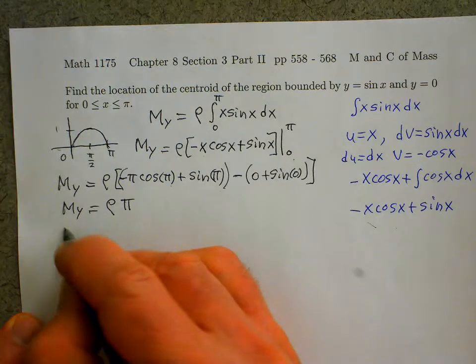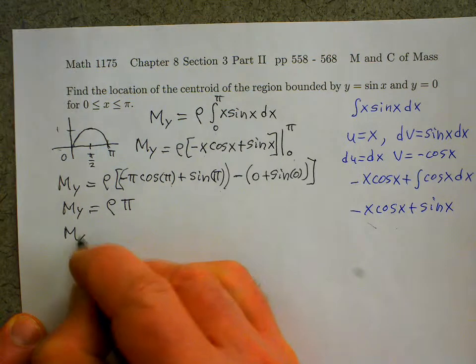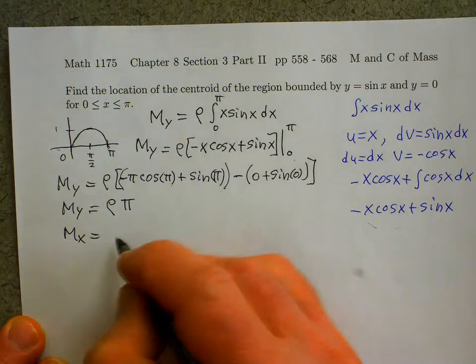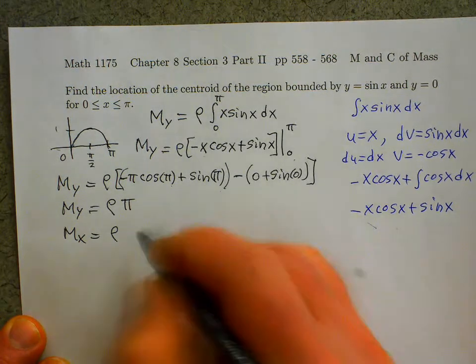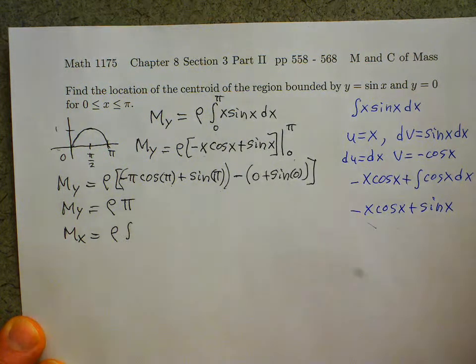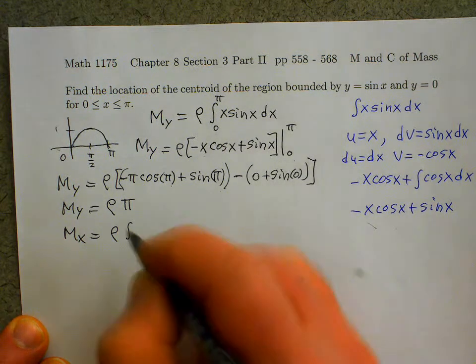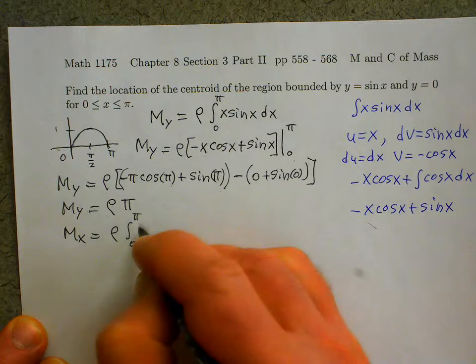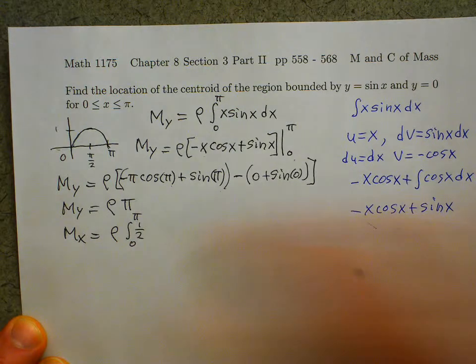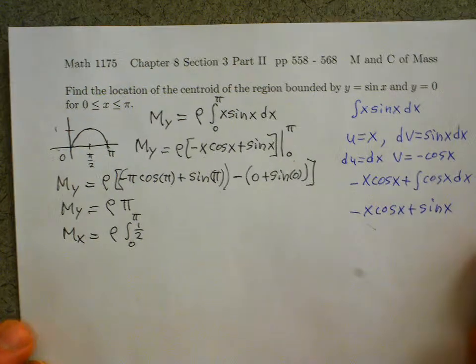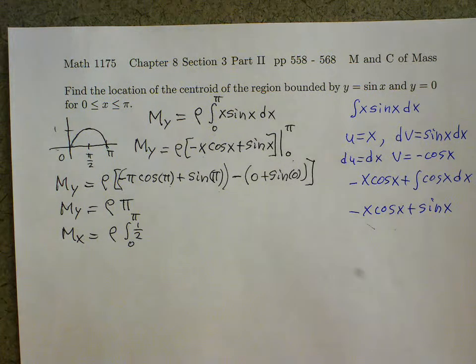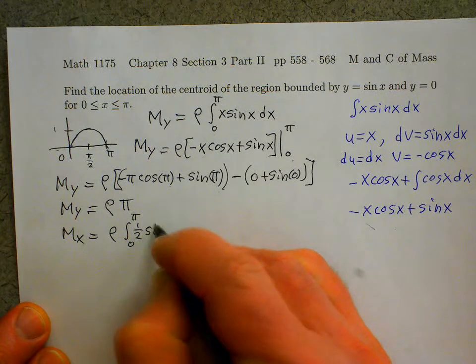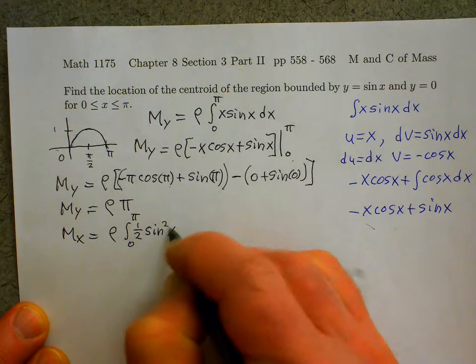Okay, so the moment of the region about the x-axis is rho times the definite integral from 0 to pi of 1/2 times f of x squared, where f of x is sine of x, so when we square sine of x, we get sine of x squared.